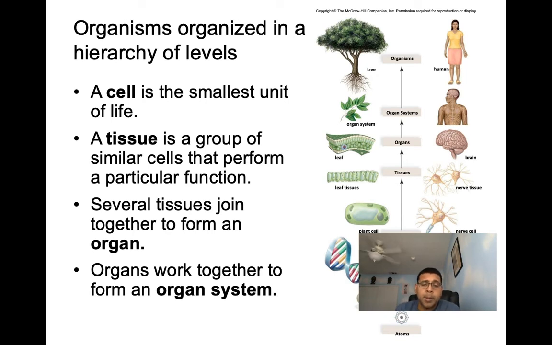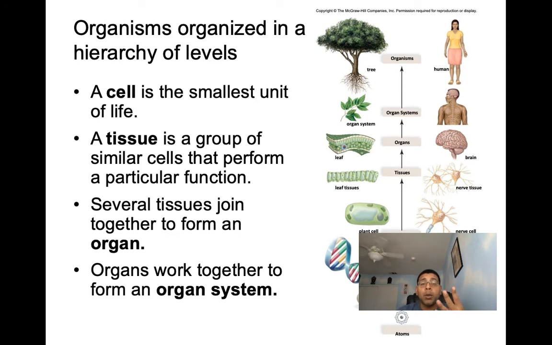Several tissue types join together to form an organ. Now, we're going to break our bodies down into four primary tissue types. We're going to have epithelial tissue, nervous tissue, connective tissue, and muscular tissue. Our body gets broken down into one of these four tissue types.